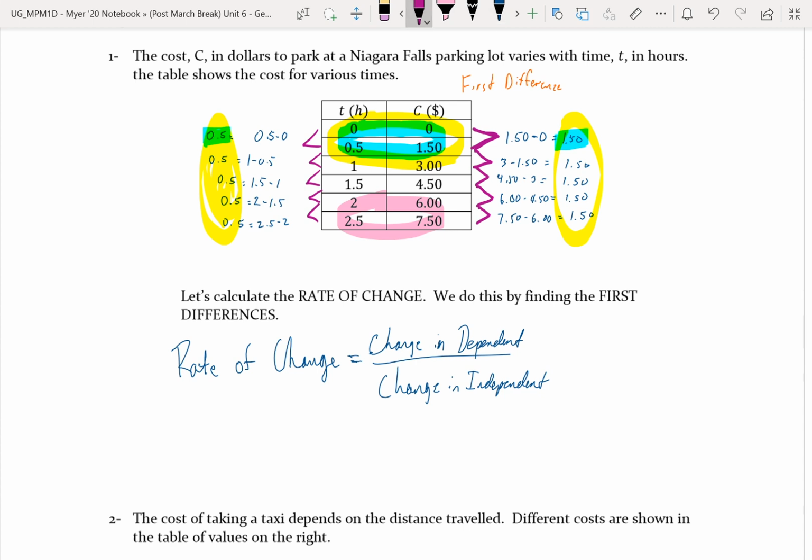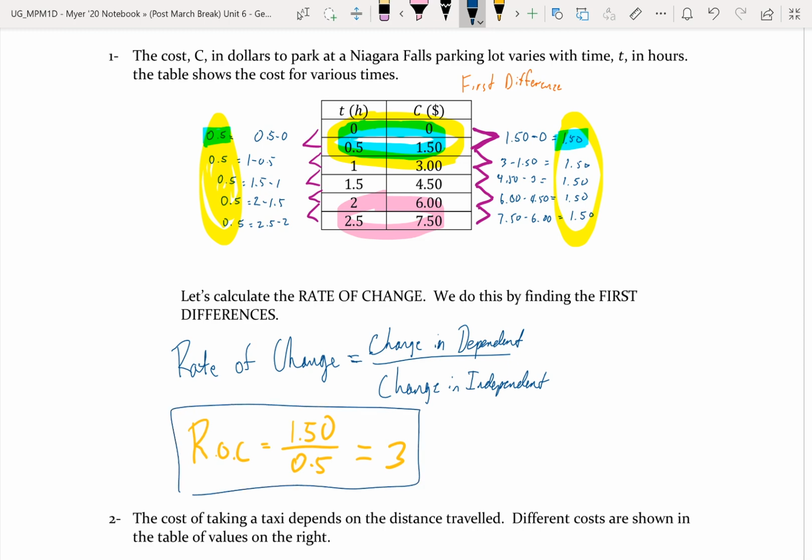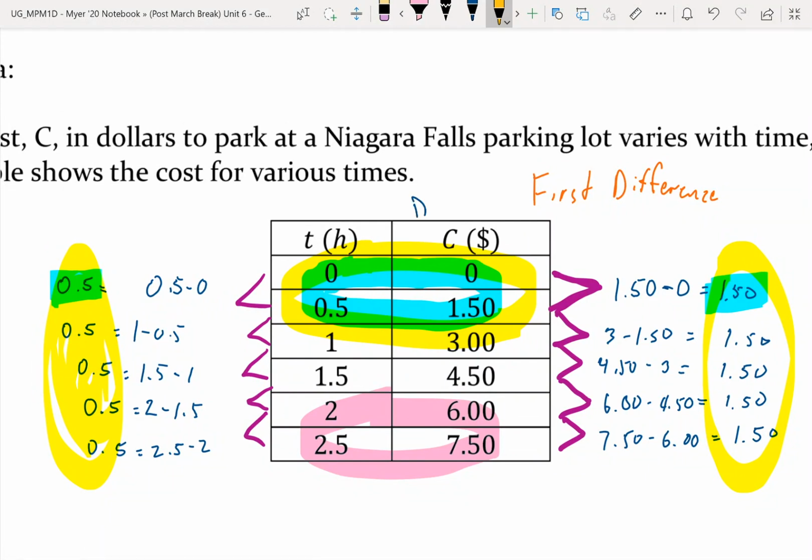All right, so what that looks like in this case here, I'd have rate of change is equal to 1.5 divided by 0.5, and I got 3. So I've now calculated my rate of change, because up here this is my dependent and this is my independent, or x, and this one's y.